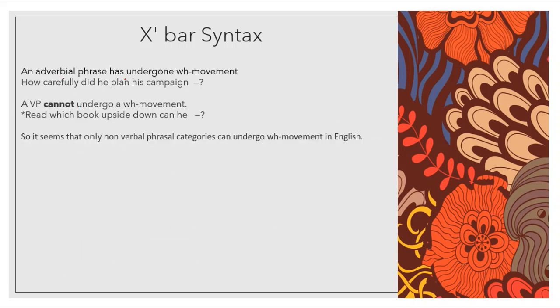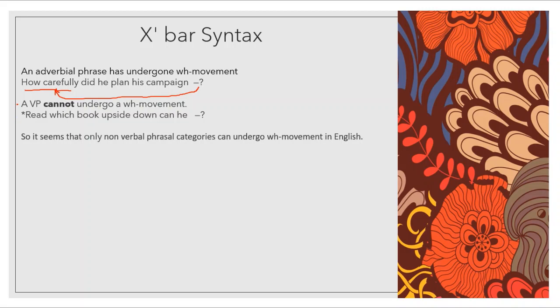An adverbial phrase has undergone WH movement. We can say how carefully did he plan his campaign. So it moved from this place to this place. How carefully, very carefully, so carefully, surprisingly carefully, if we can use it.